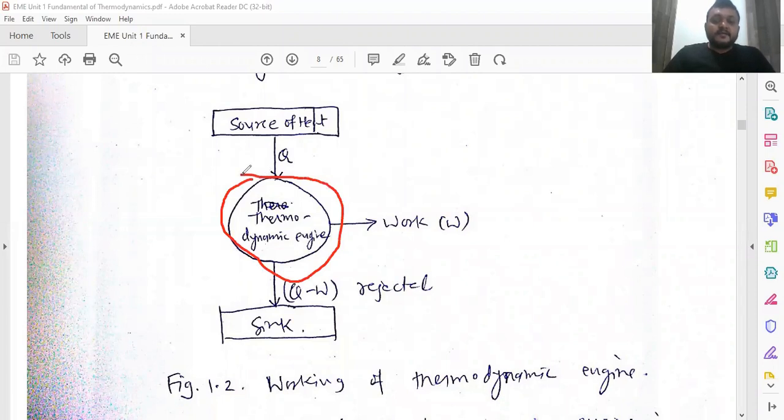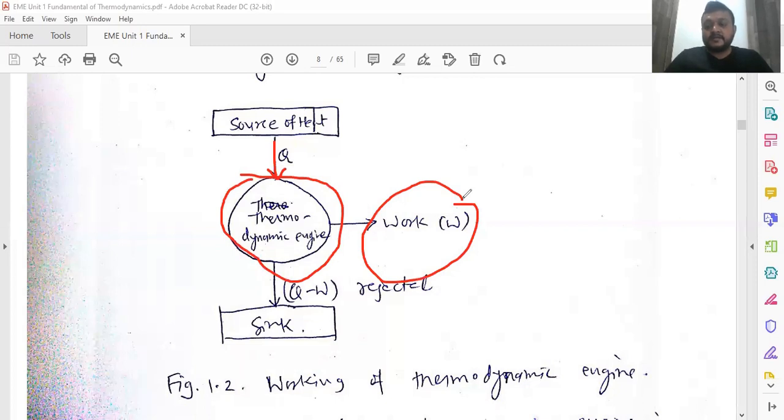Whenever you are supplying the heat, the engine is a power producing device, it may be any, say our two-wheelers or four-wheelers. So some of the energy is converted into work. Suppose you add petrol fuel, then 100% efficiency is not achieved. We have an average, and the average definitely varies depending upon the engine.